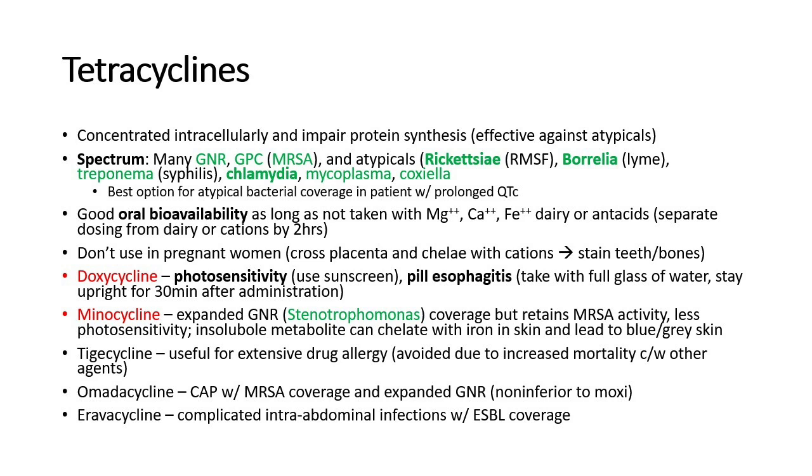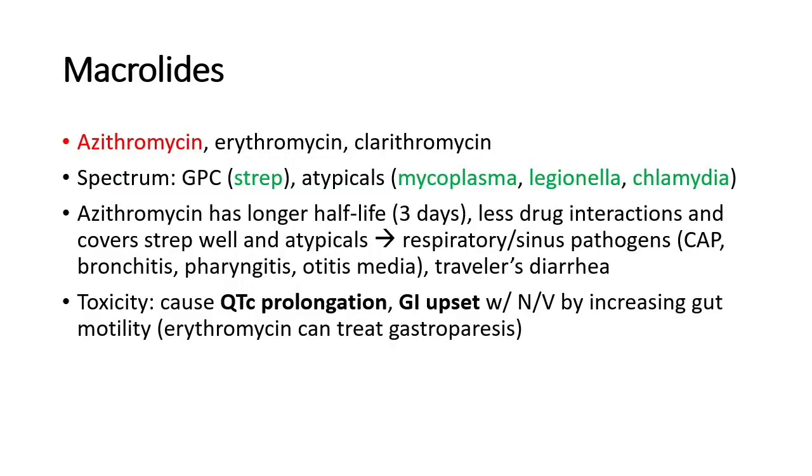And then omadacycline and eravacycline, these are just newer antibiotics. They really haven't made it into our common usage, but complicated intra-abdominal infections and MRSA coverage are notable for both of them.